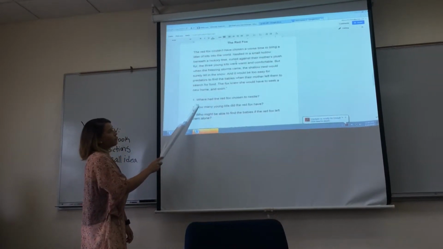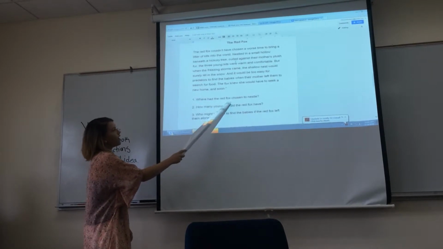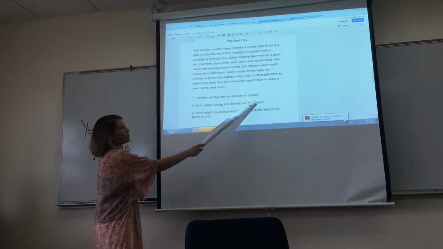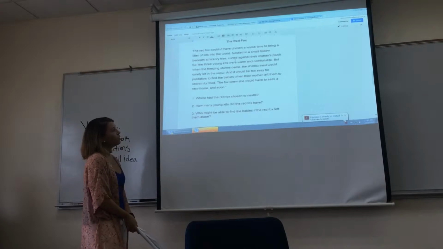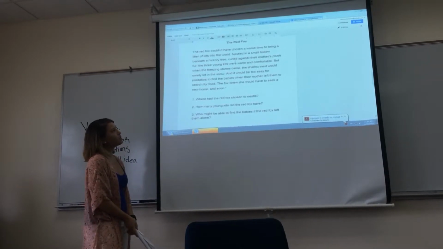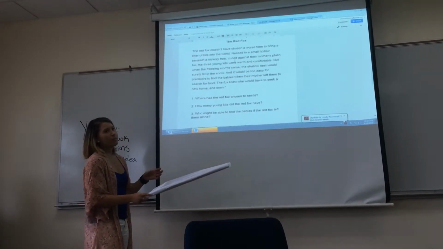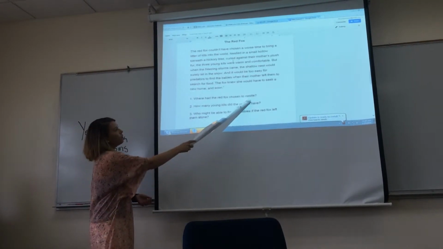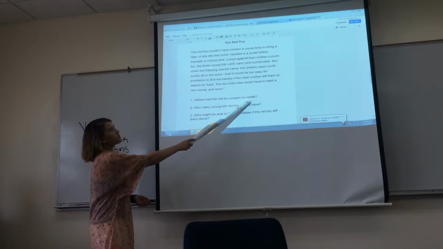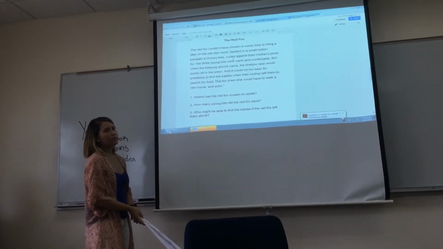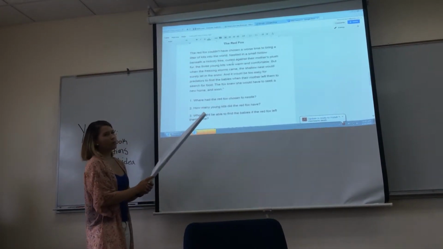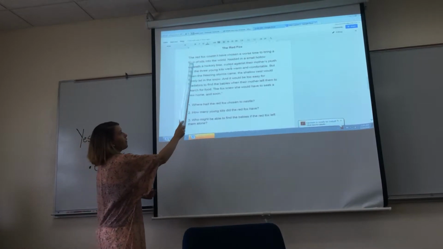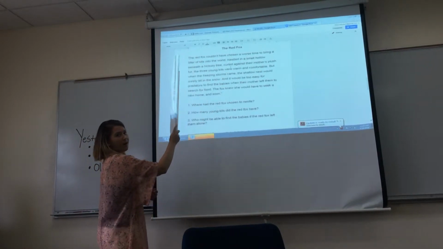So let's read this again. Where had the red fox chosen to nestle? Well, what's a key word that we can use to look for and to scan for in our text? What about nestle? Well, let's see if we can find that word when we scan. So remember, scanning left to right with our eyeballs, okay?